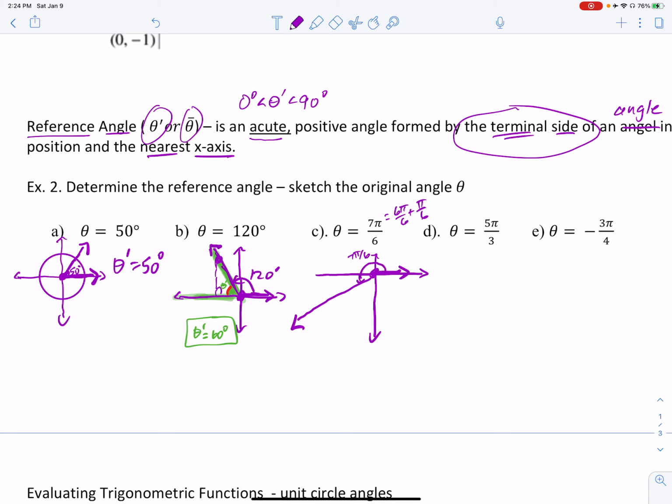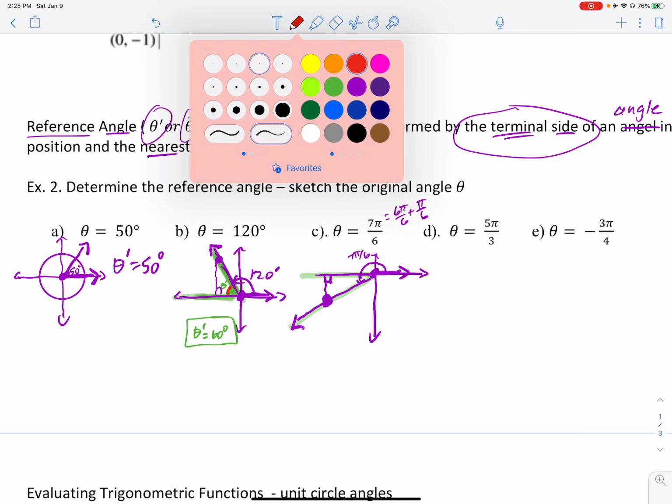But then if we thought about a unit circle and where that terminal side hits that circle, so we'll just say it's right there, I'm going to drop an altitude to the nearest x-axis, which in this case is going up to here. And so the angle formed by the terminal side and the nearest x-axis is your reference angle.